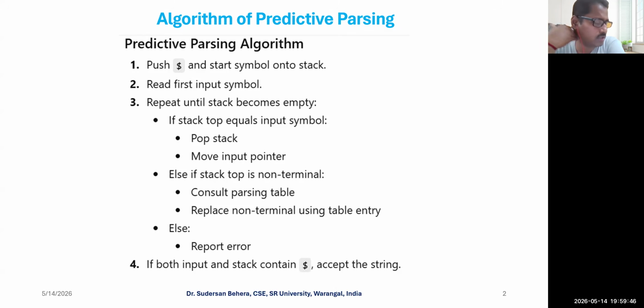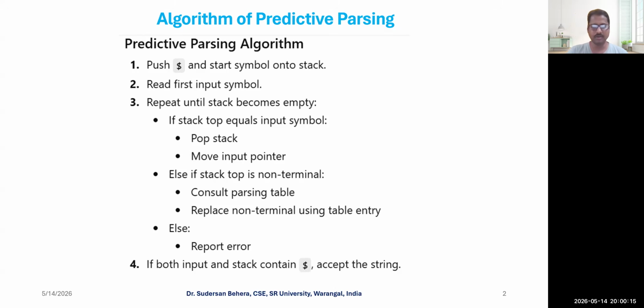Nothing to read means the input buffer is empty. Nothing to replace means the top of the stack is also empty. Top of the stack is equal to the bottom of the stack. If that is the case, the parser accepts the string and halts. Work is completed. If not, there may be an error.